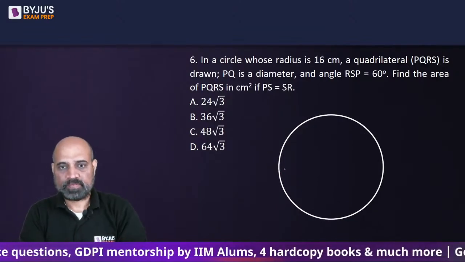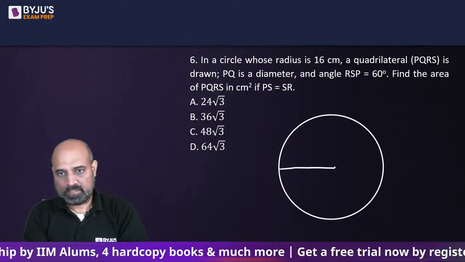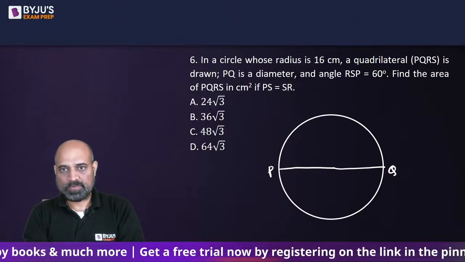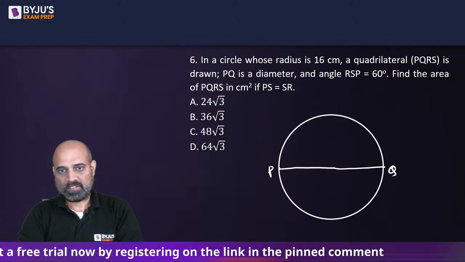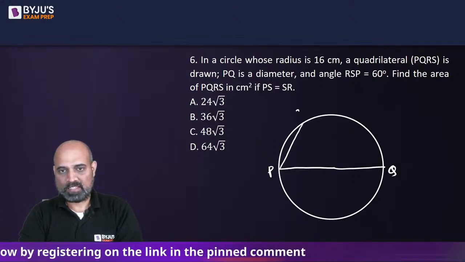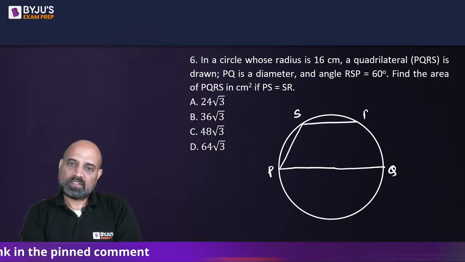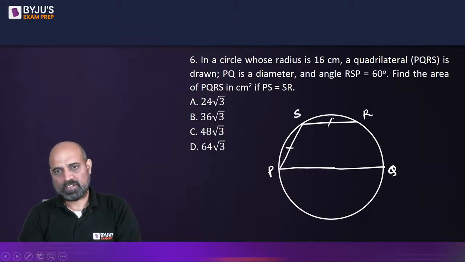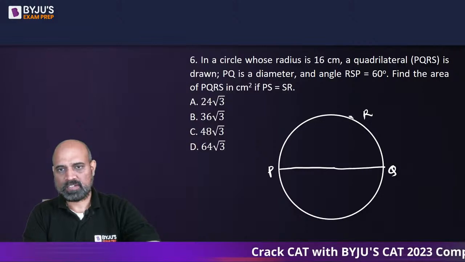Okay. So we have the diameter PQ. It is given that PS is equal to SR. So we have PS is equal to SR. Guys, now tell me, I don't care whether SR is parallel to PQ or not, but will I get 60 degrees here? No, it won't come here.